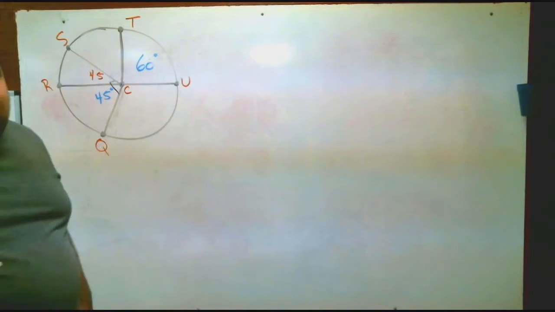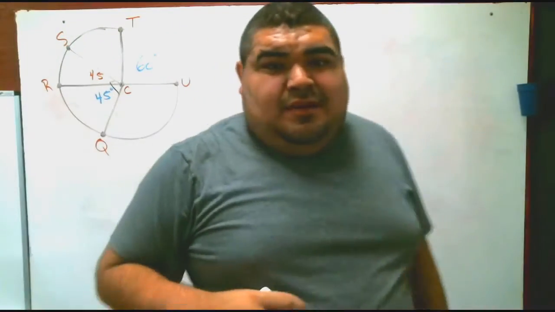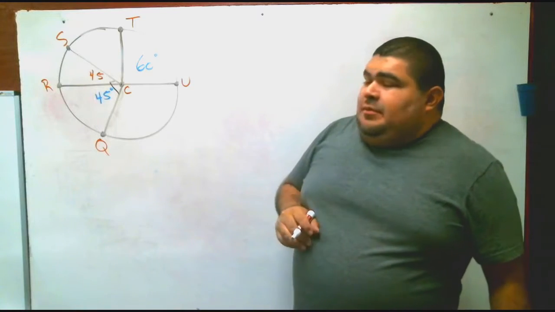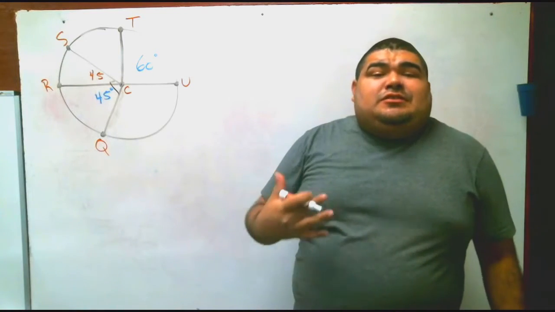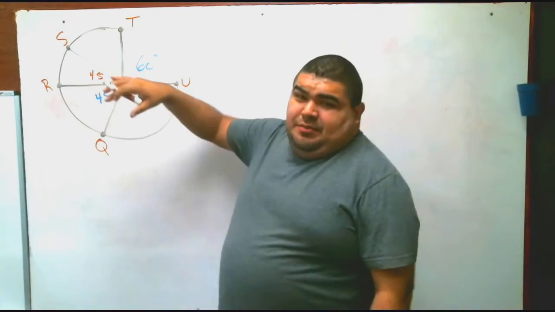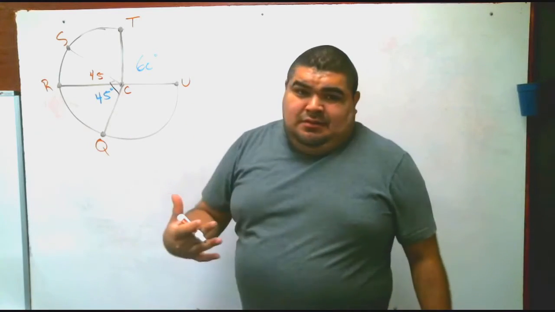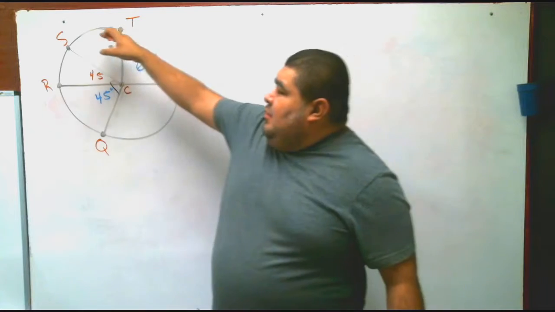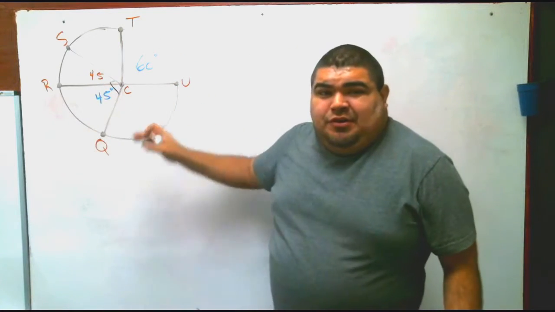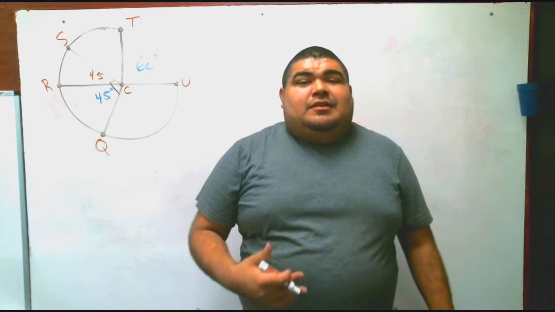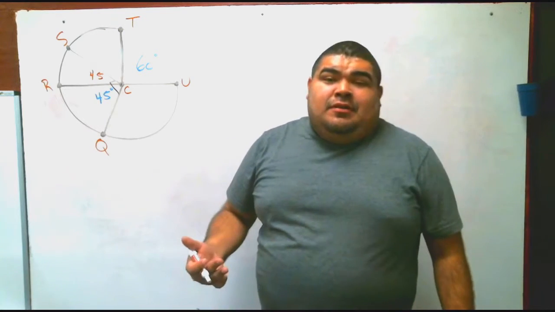Okay, now that we have that 45, we can actually solve another piece in here by noticing that this circle, if you really look in here somewhere, it is cut in half. Okay, that's a line that is a diameter.